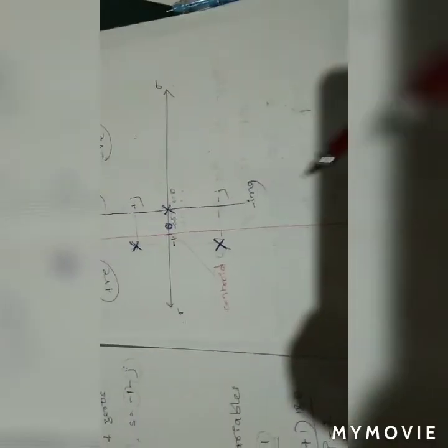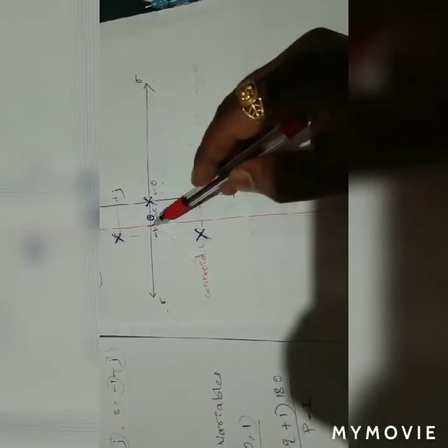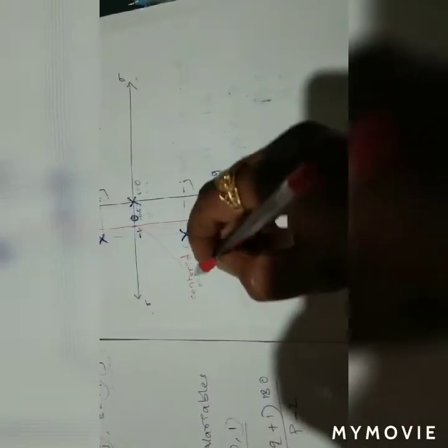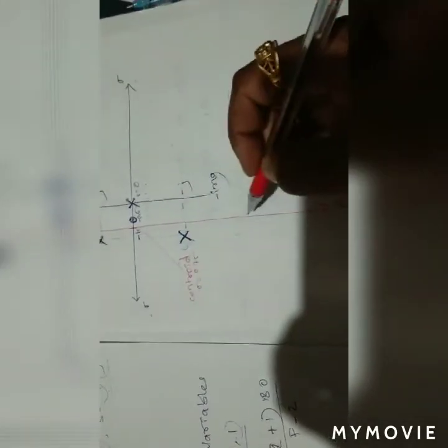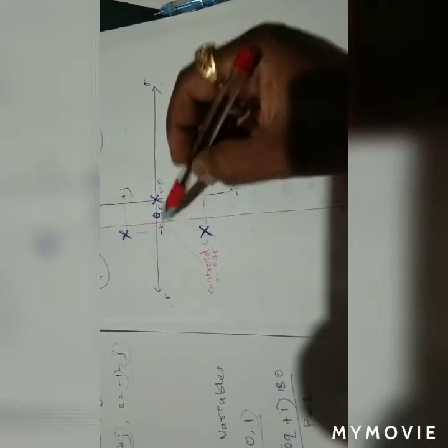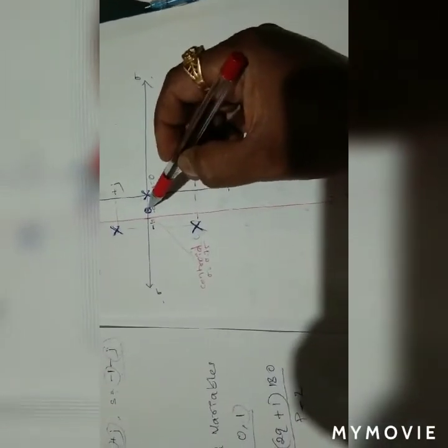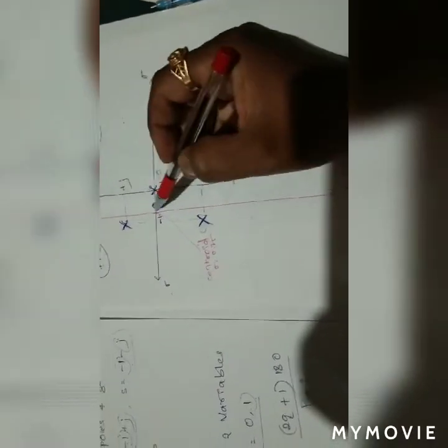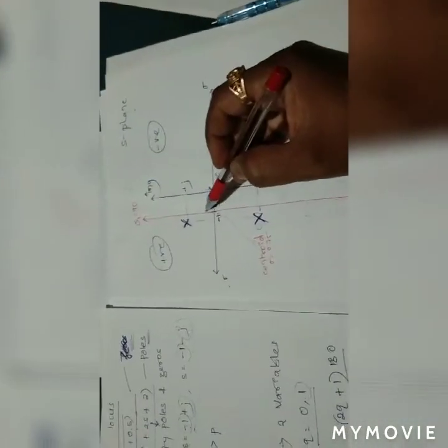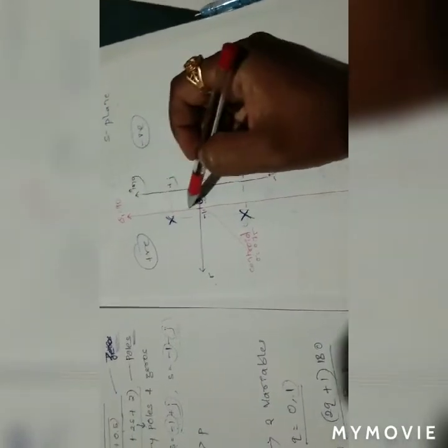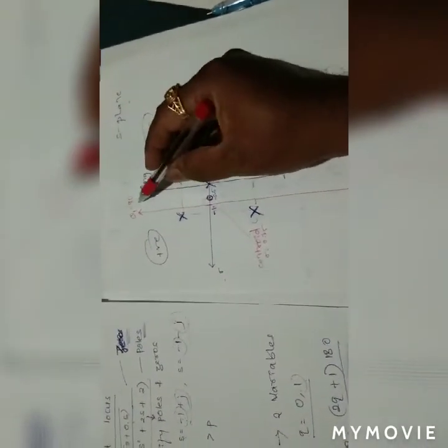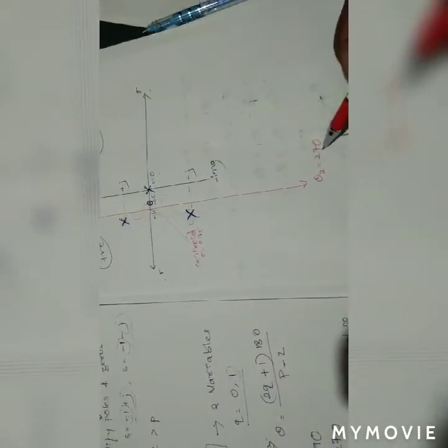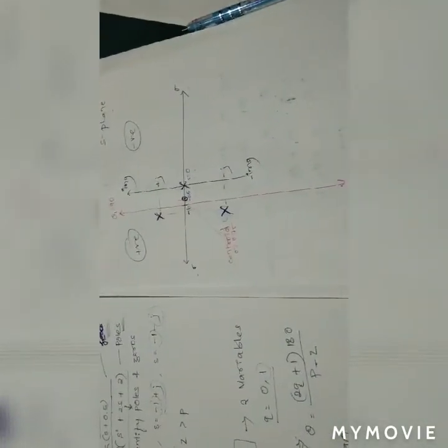So mark -0.75 here, that is in between -0.5 and -1. Then asymptotes. By using a protractor, if you draw 90 you will get a straight line, theta 1, then 270 is theta 2. This is the next step.